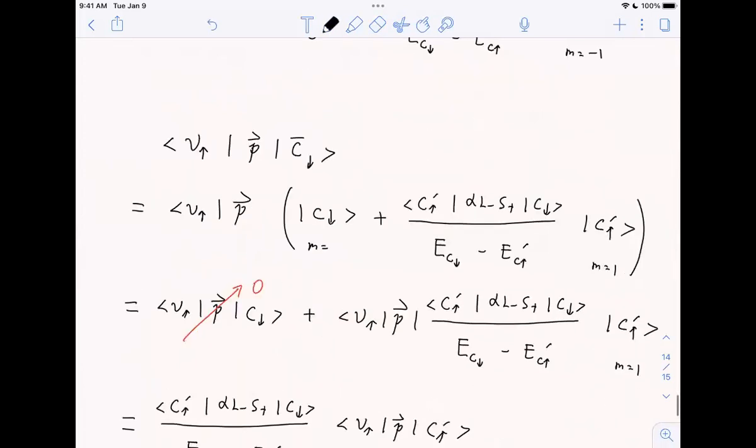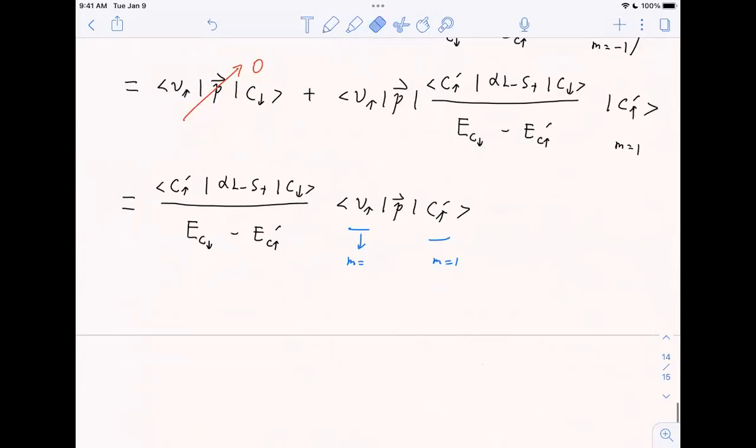So this is 0, and this is -1. This is -1, so this is the conduction band. This will be -2. Okay, so you can see that it just happened that they couple very well.